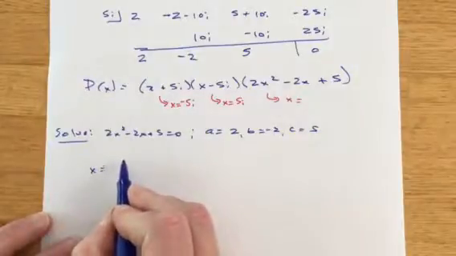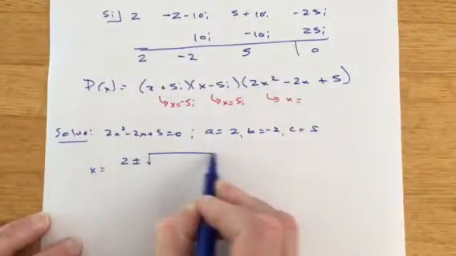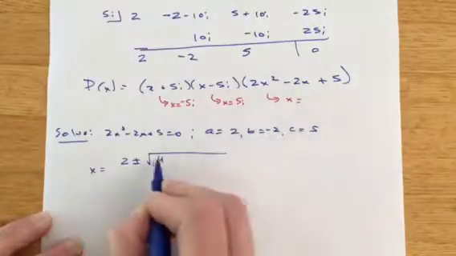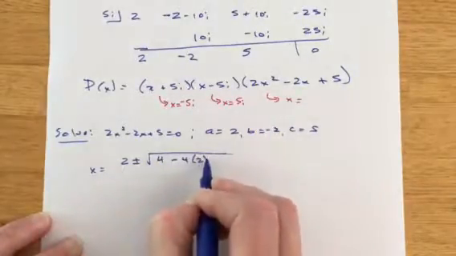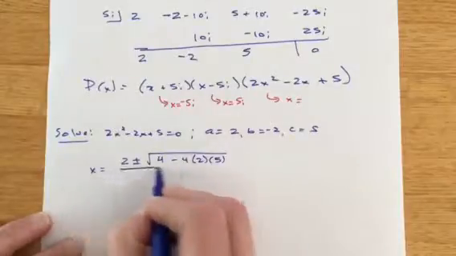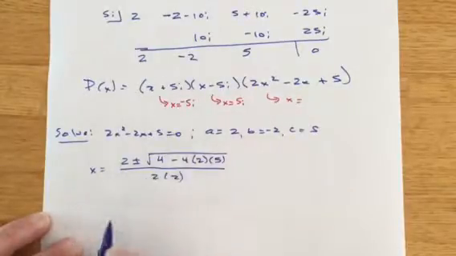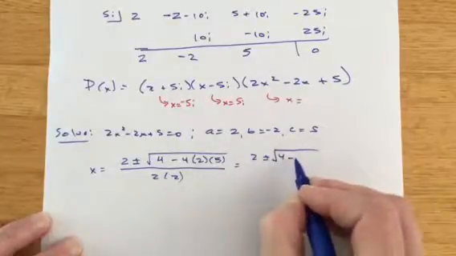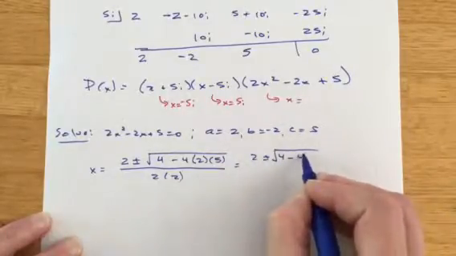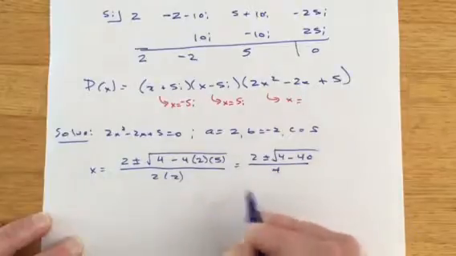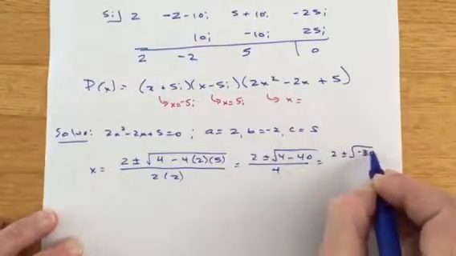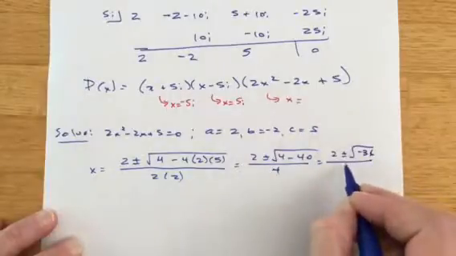So x equals opposite of b, which is positive 2, plus or minus square root of b squared, which is 4, negative 2 squared is 4, minus 4ac all over 2a. So that's 2 plus or minus the square root of 4 minus 40 all over 4, 2 times 2. So it's 2 plus or minus the square root of negative 36 all over 4.